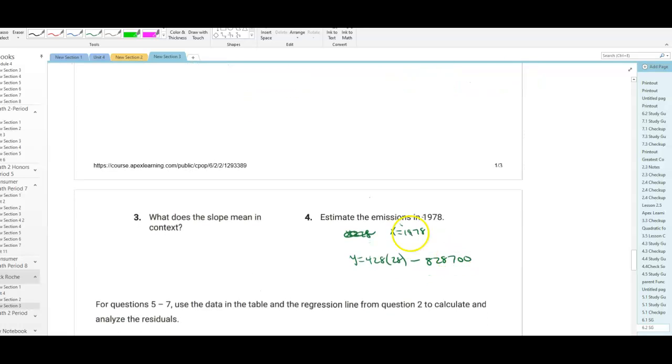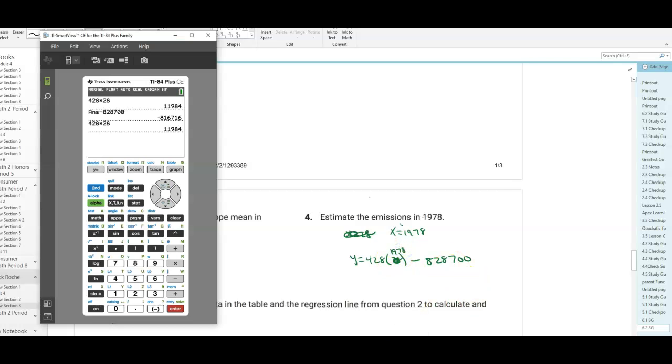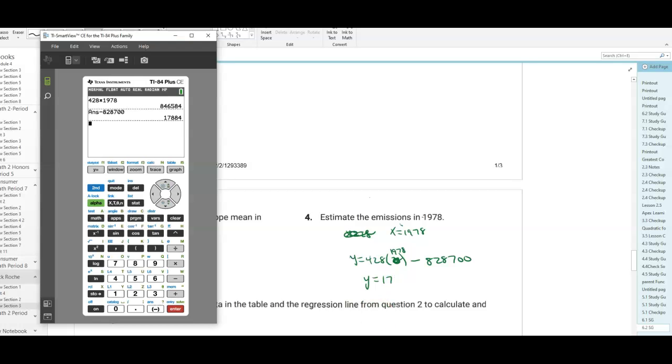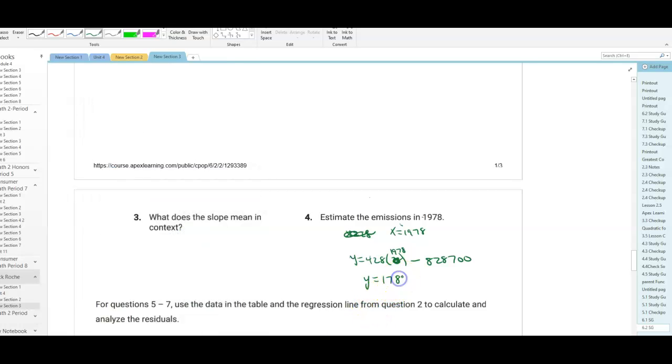So when I plug that in, I go 428 times 1978, hit enter, minus 828,700, hit enter, and I get 17,884 million metric tons.